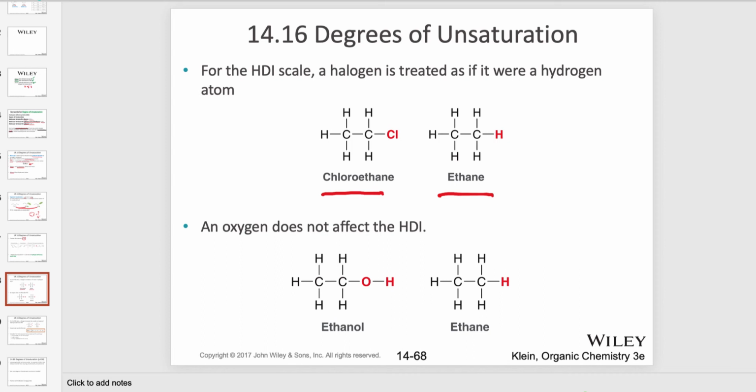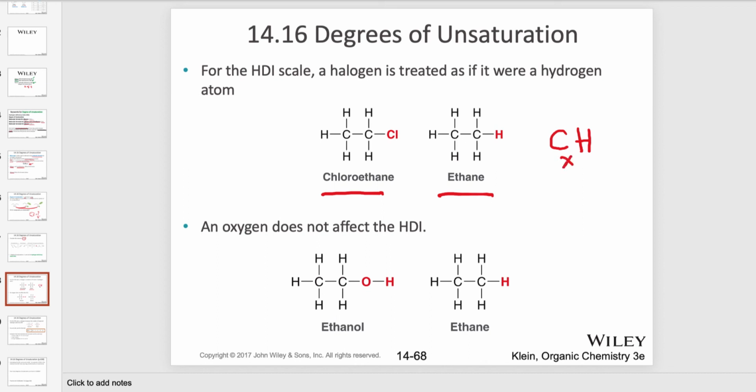And when we have a molecular formula and we want to figure out the degree of unsaturation, we always need to compare it to how many carbons and how many hydrogens. This is the molecular formula we have to compare to the alkane formula, CnH2n+2. So we're going to have different numbers here.